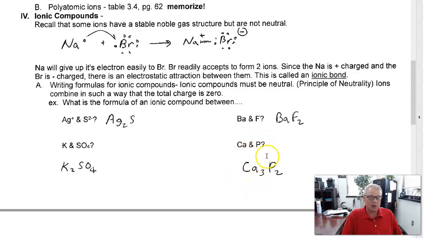I need 2 of these little phosphides at -3 apiece. That gives me a total of -6. +6, -6, 0. And that's how you write the formula for an ionic compound. The charges are still there, you just don't show them in the formula.